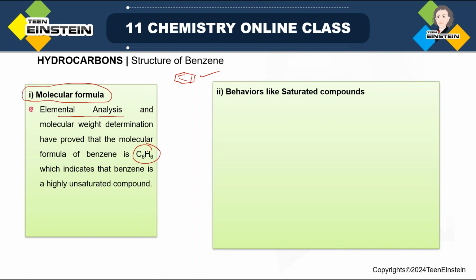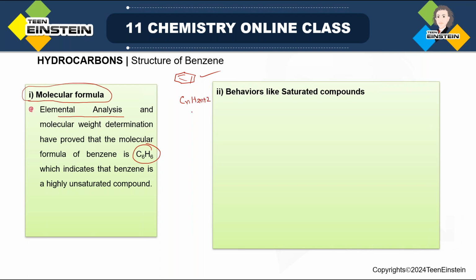Now, one thing from this formula is clear: it is highly unsaturated, because the carbon-hydrogen ratio is 1:1. When carbon numbers are very high compared to hydrogen, it means unsaturation is increasing. Just think about the alkane, where the general formula is CnH2n+2.